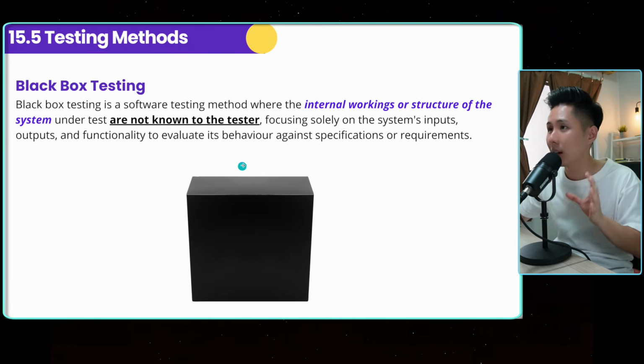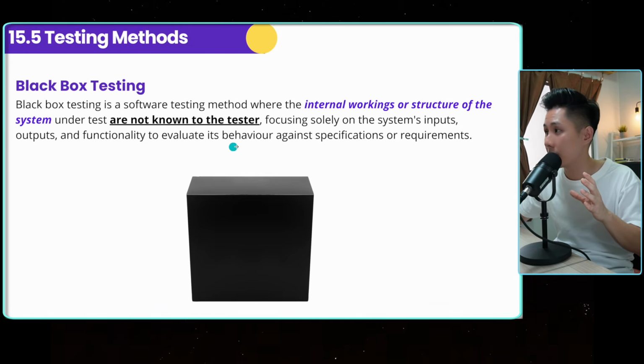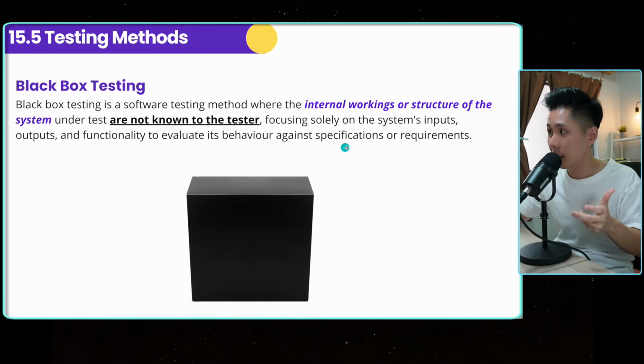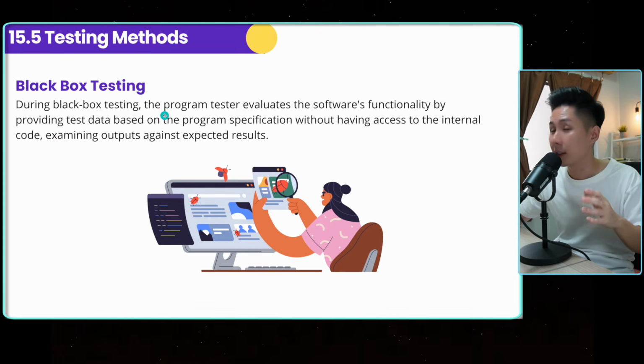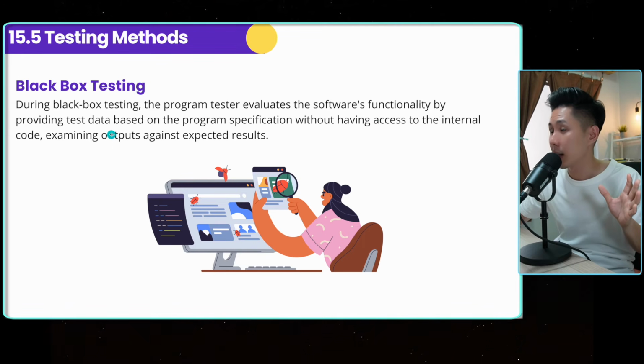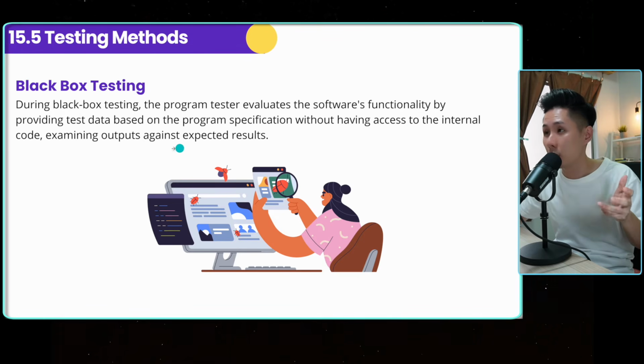Meaning that when they test the software, they only focus on system inputs, outputs, and functionality to evaluate its behavior against specification or requirements. So during black box testing, this is what they will do. They will evaluate the software functionality by providing test data based on program specification without having access to the internal code, meaning they can't change the code to solve their problem.